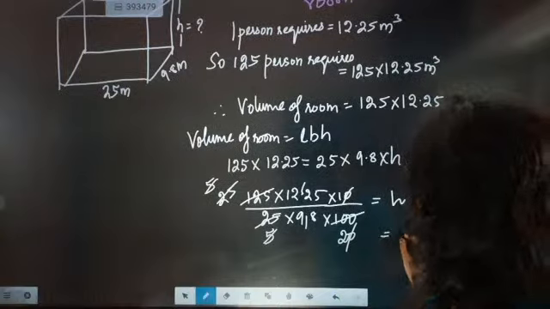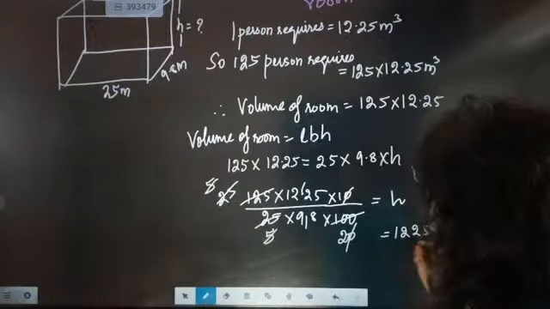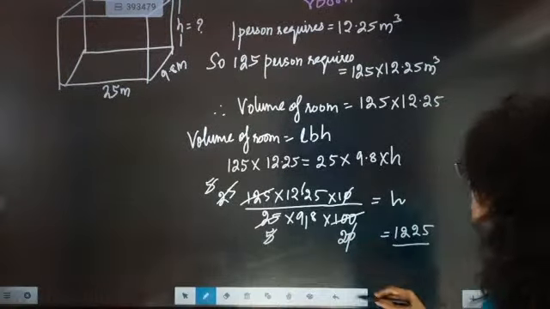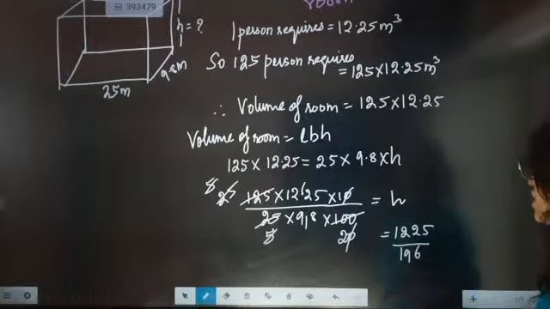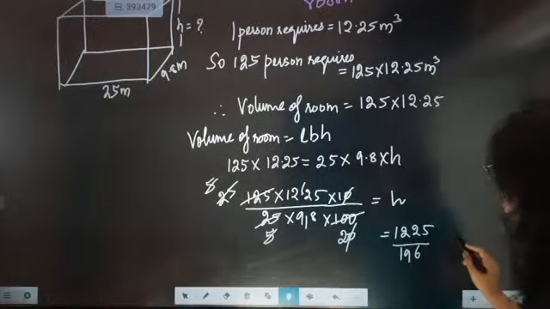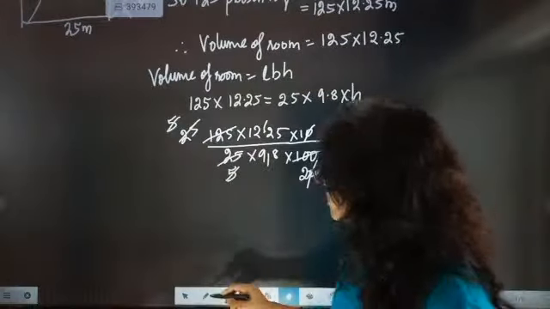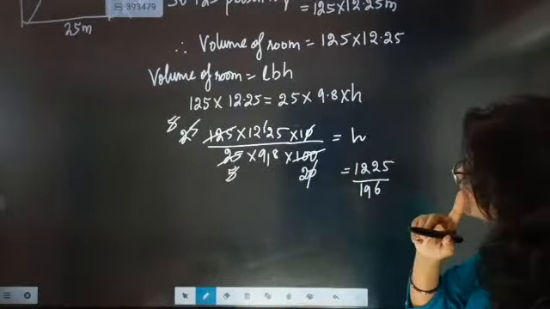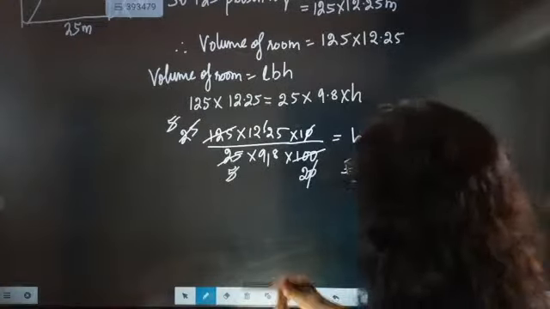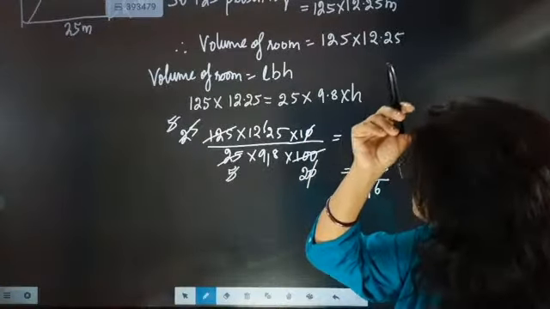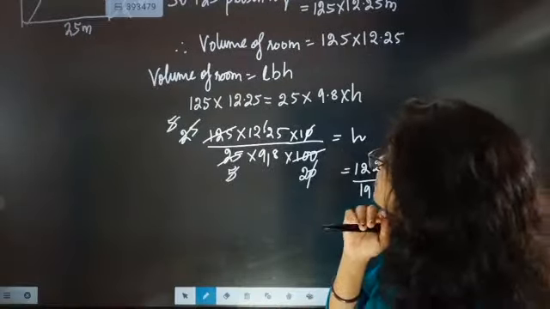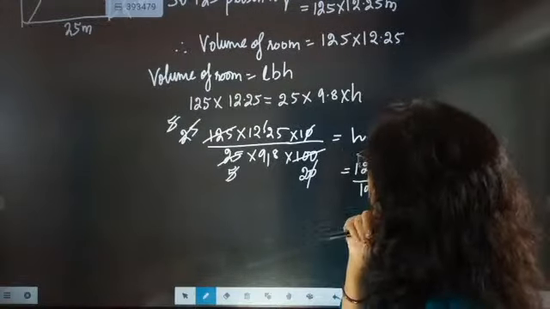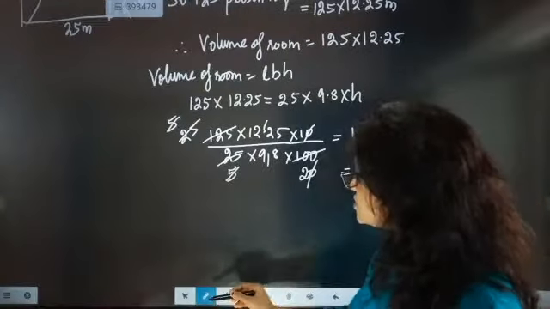Now it is coming as 1225 by 196. So 196, 98, I think we should go for 5, 5, 10 is there, na? Only the decimal section remains.